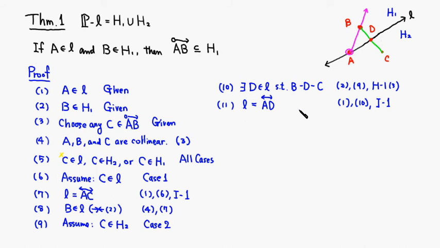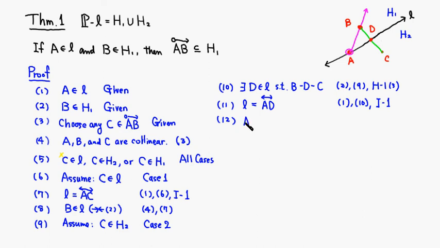We know that A, B, C are collinear, and B, D, C are also collinear, so line 12: A, B, C are on the same line, B, D, C are on the same line, so they are all on the same line.